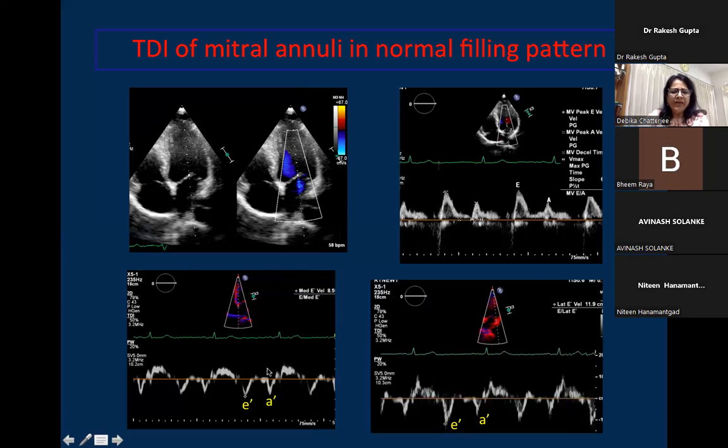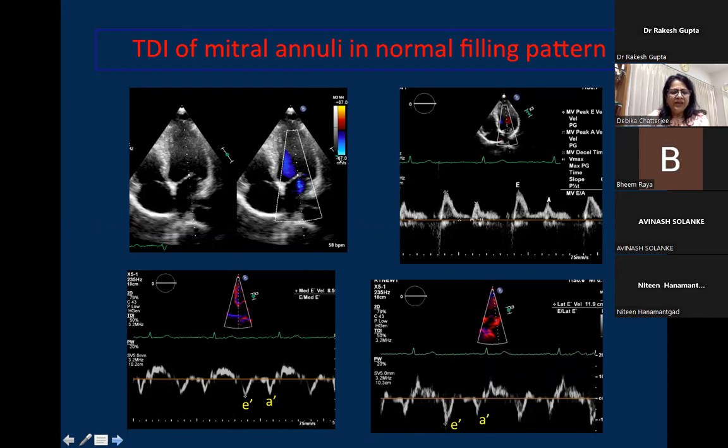So during diastole, below the baseline, we get two waves. The first bigger wave in this normal pattern is called E prime, and the second wave is A prime. So in a normal patient, both septal and lateral annular velocities will show E prime more than A prime.